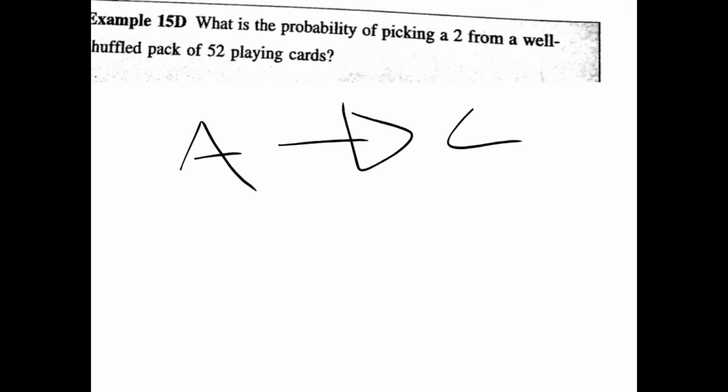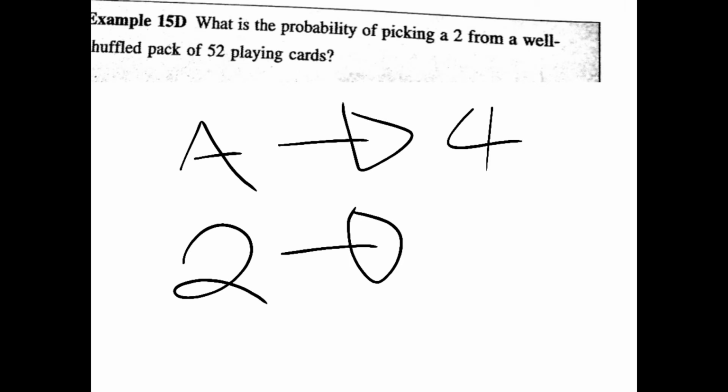For example, 1, which is denoted by A in a deck of cards, comes 4 times, and 2 comes also 4 times. Each card appears 4 times.